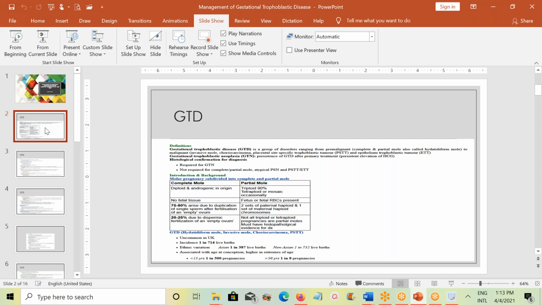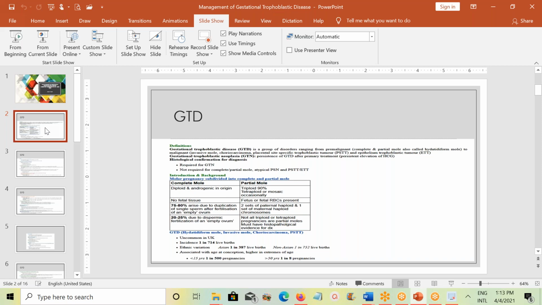If we talk about the spectrum, there can be complete mole and partial mole, and the partial mole is also called hydatidiform mole. Or it can be malignant, like invasive mole, choriocarcinoma, placental site trophoblastic tumor, and epithelioid trophoblastic tumor.